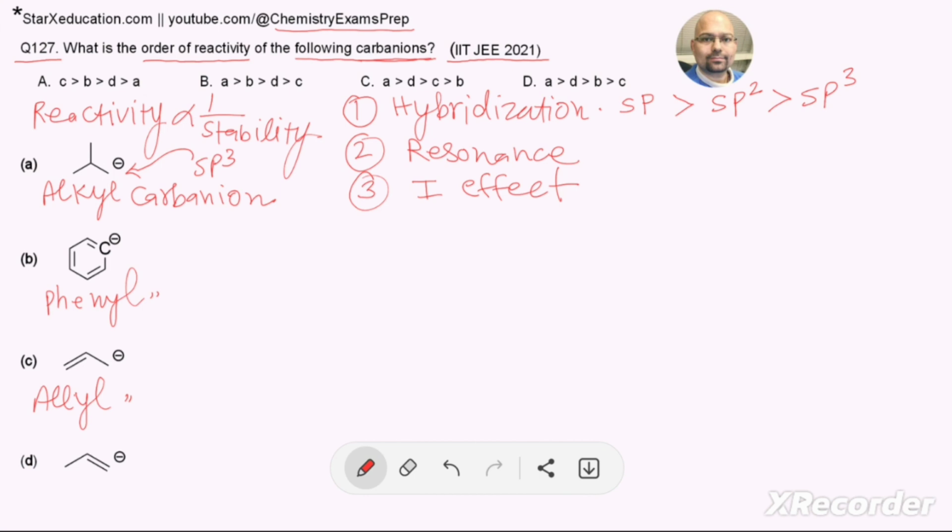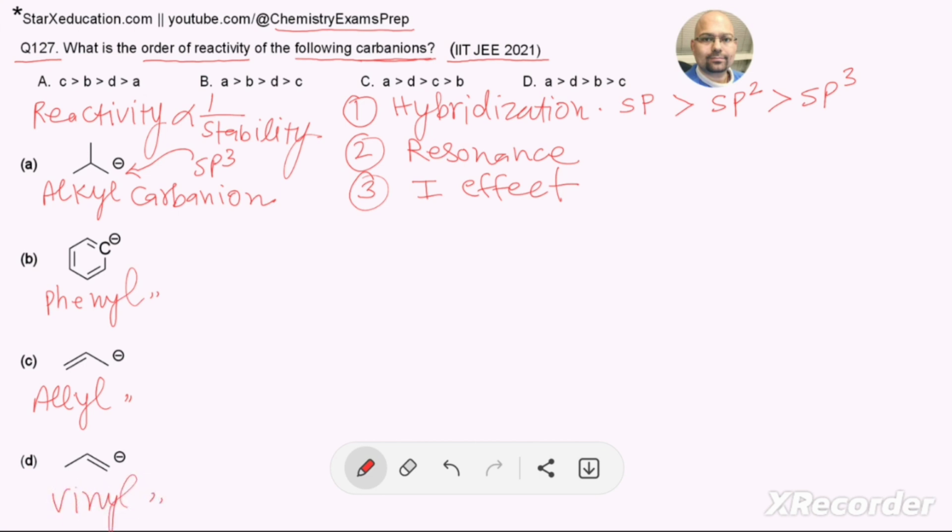When the carbon that bears the negative charge is next to an sp2 hybridized carbon or sp2 hybridized heteroatom like oxygen, sulfur, nitrogen, then the carbon gets the sp2 hybridization configuration so that there would be p orbitals that can help in resonance stabilization of the negative charge, or the positive charge in case of carbocations or free radicals.